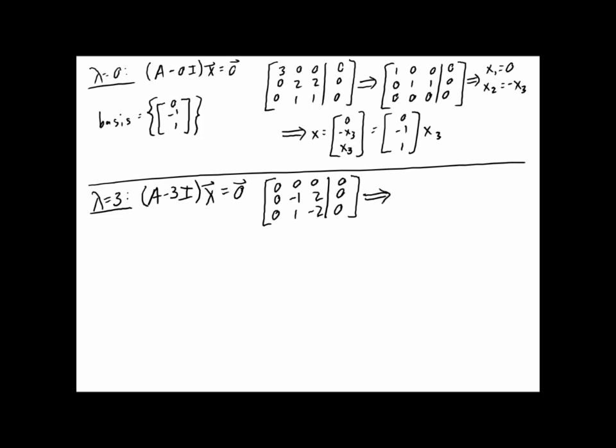Okay, if I do a little bit of rearranging, the top row, I'm going to make that 0, 1, negative 2, 0. And then the others are all zeros. So this tells me that x2 is equal to 2x3.